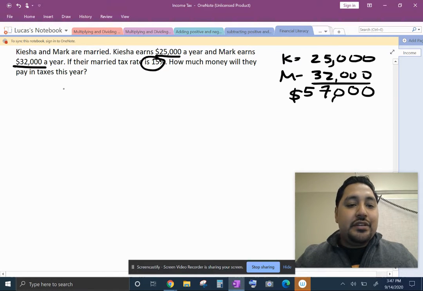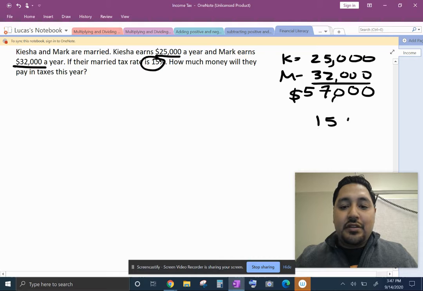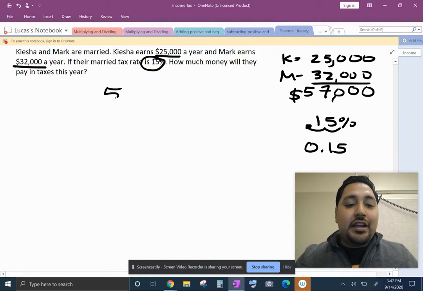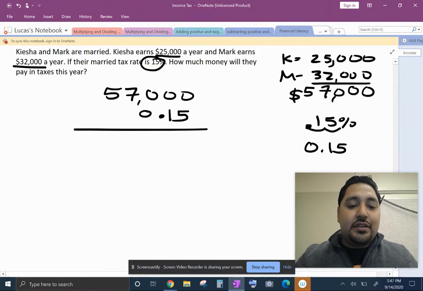Next thing I'm going to do is take this 15% and turn it to a decimal. 1, 2. So the decimal should be here, 0.15. And I'm going to multiply it. Now, since I have the decimal version of the percentage, I just multiply it times the total amount of income that they have, 0.15. So that's going to be 0, 0, 0, 35, 25 plus 3 is 28, 0.